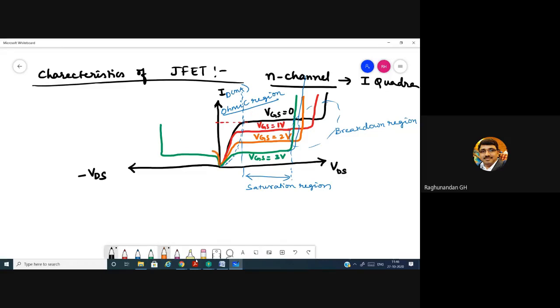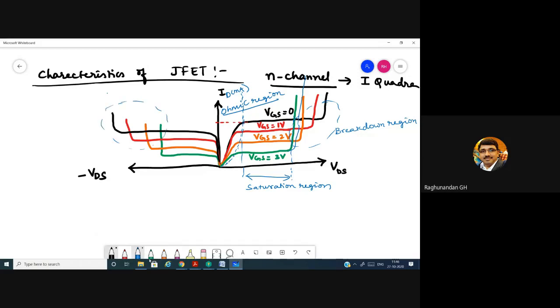The explanation, everything is the same. But the only change is VDS is negative and VGS is positive. So here also the same thing.